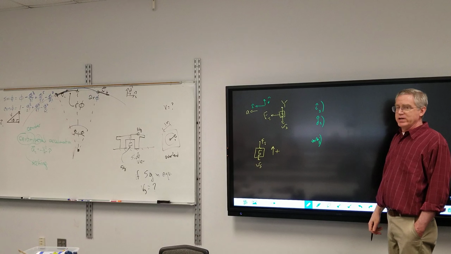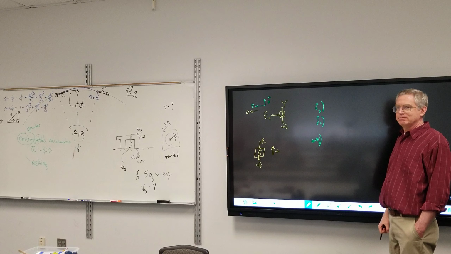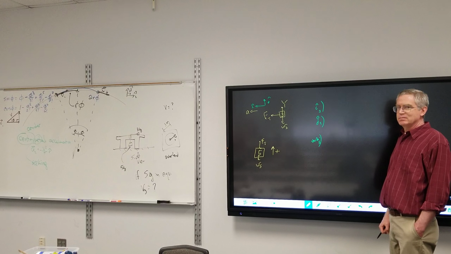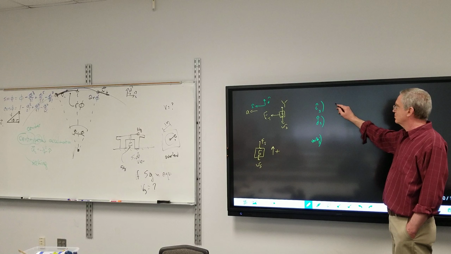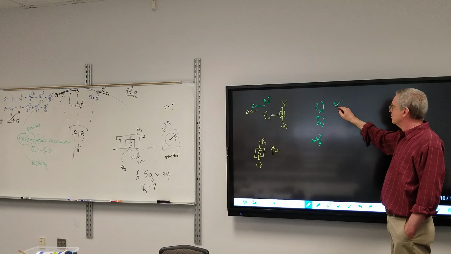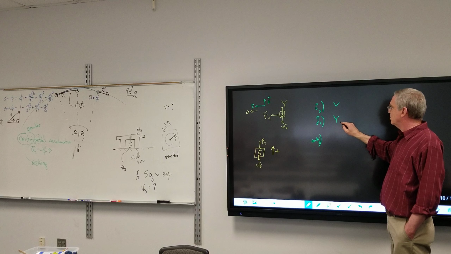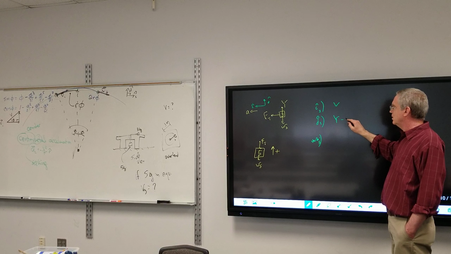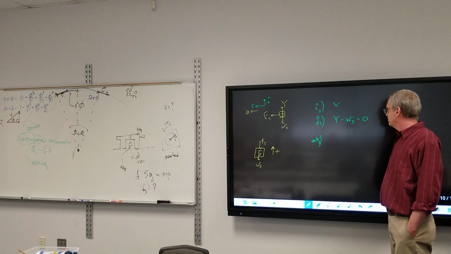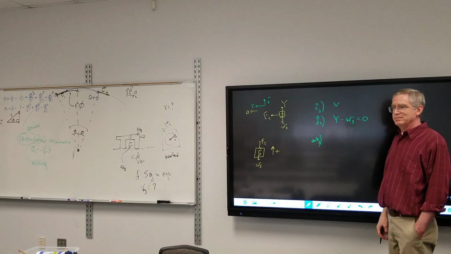Somebody give me an equation. For the J hat of the 3 kilogram mass: N minus weight sub 3 is equal to 0. One down, two to go.